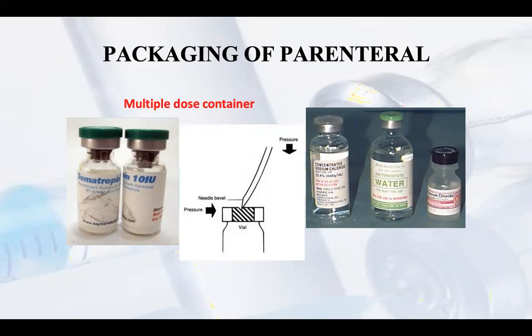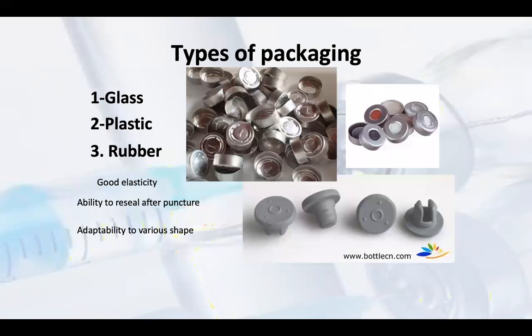Before inserting a device or syringe, the safety seal has to be removed. Otherwise, there can be growth over that cover, and the drug can be deteriorated with the introduction of microorganisms. Glass, plastic and rubbers are applied in this type of packaging.